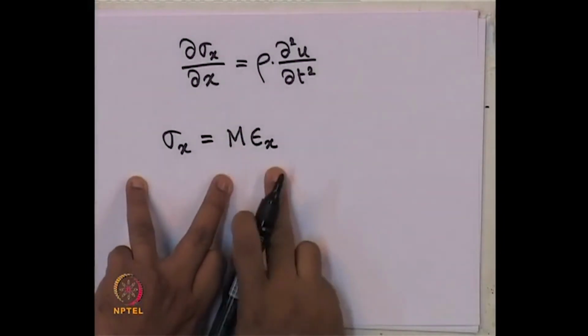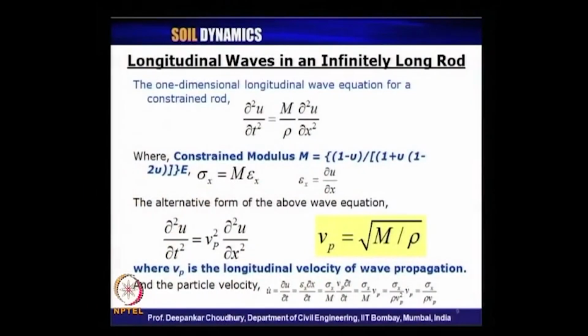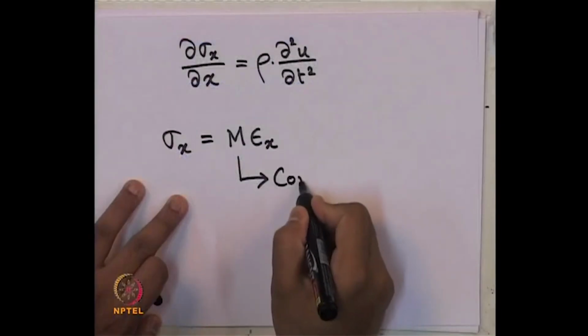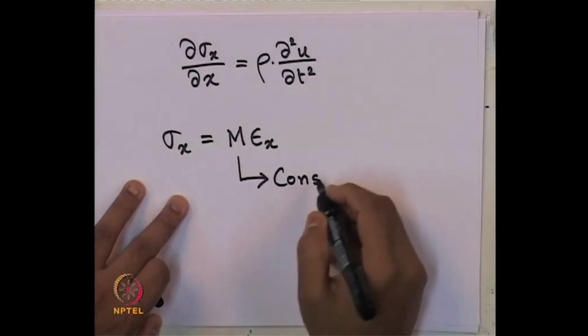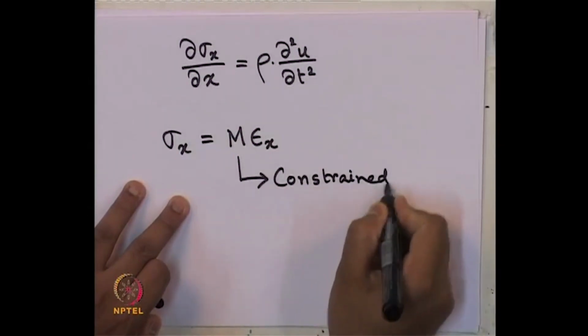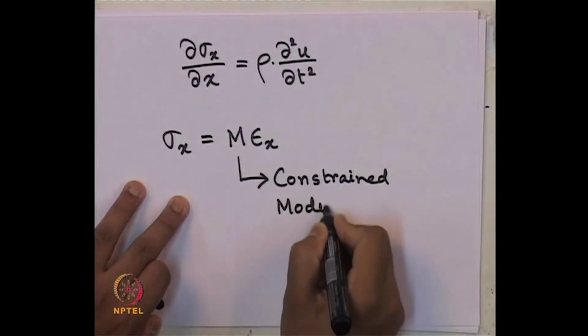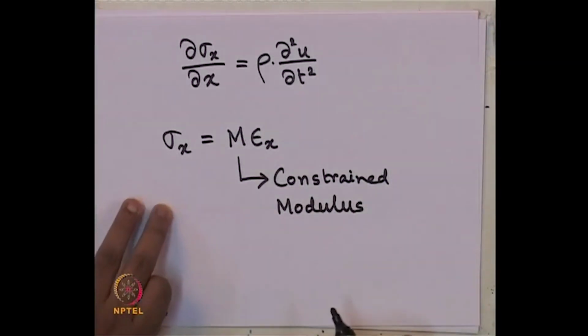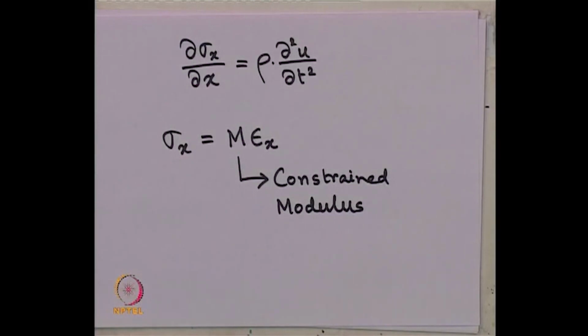Stress equals to some modulus times strain, and this modulus M, for this kind of infinite rod, is called the constraint modulus. Why? We have considered a one dimensional long rod which is constrained in the direction of its radial movement.